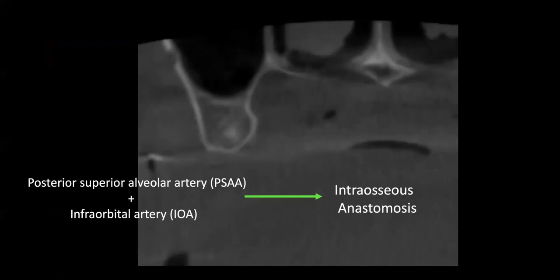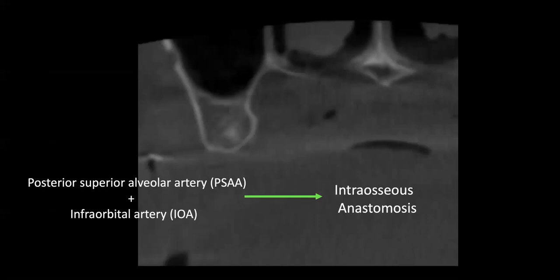So what is the intraosseous anastomosis? It is the posterior superior alveolar artery and the infraorbital artery. These two arteries anastomose in the lateral wall of the maxillary sinus. So why are we even talking about that?